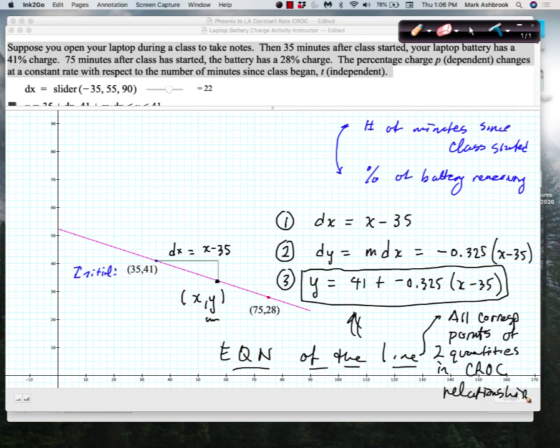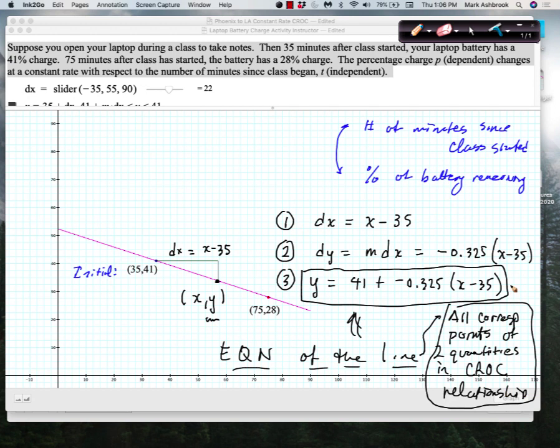So rather than y equals mx plus b, we're using y final equals y initial plus change in y. And rather than talking about the equation of a line, we think of it as giving me all correspondence points between two quantities in a constant rate of change relationship.